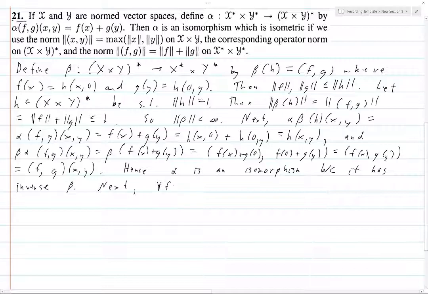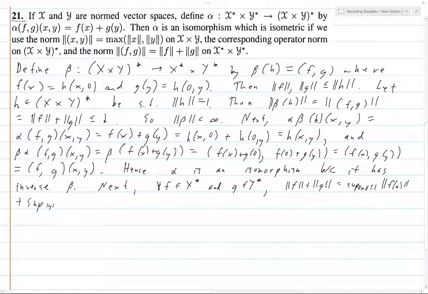So for all f in x star and g in y star, we have the norm of f plus the norm of g equals the supremum over all x, norm less than or equal to 1, of |f(x)|, plus the supremum over all y, norm less than or equal to 1, of |g(y)|.